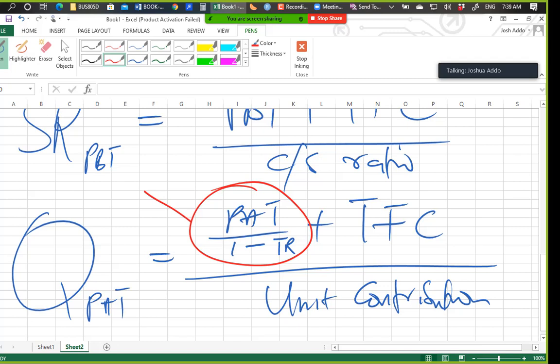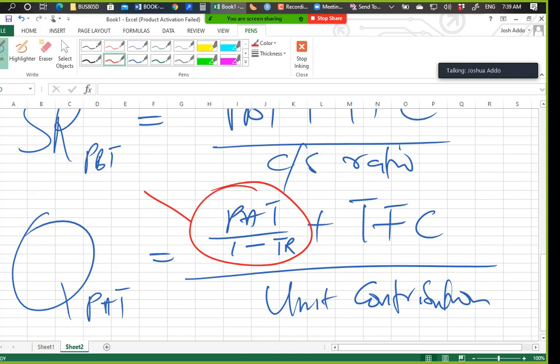That if the question says the company is interested in profit after tax of 900 and tax rate is say 10%, then that profit after tax of 900, its profit before tax equivalent is 1,000.